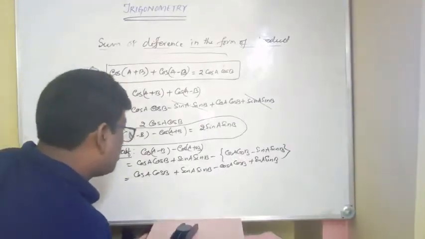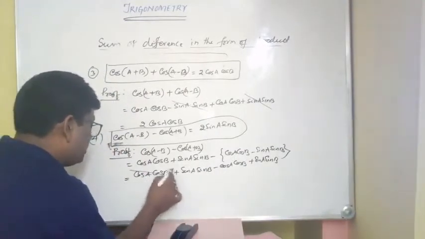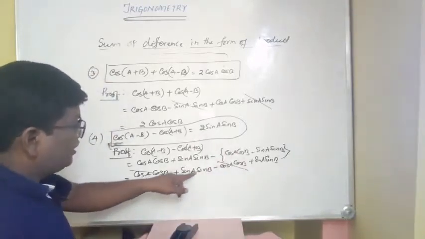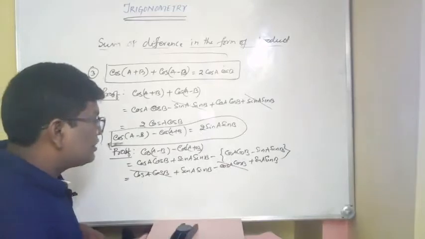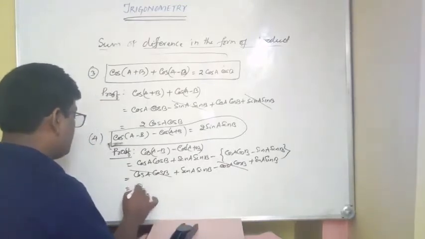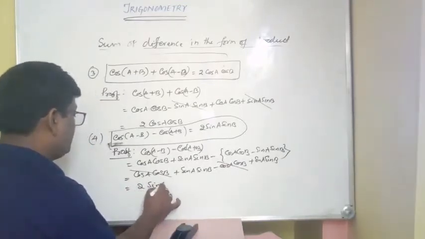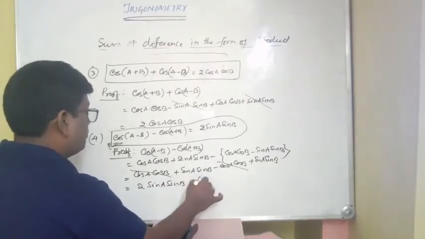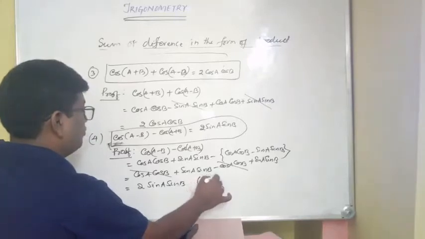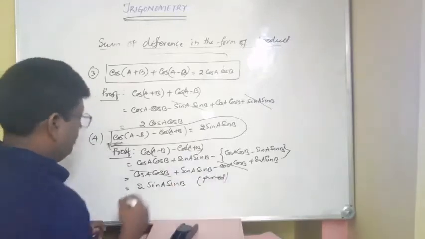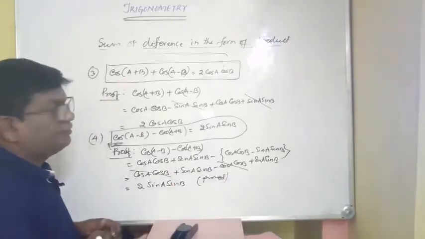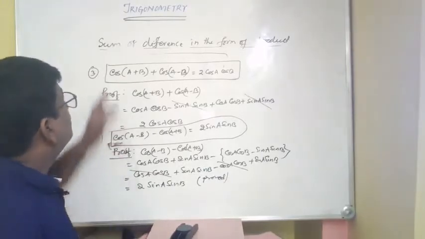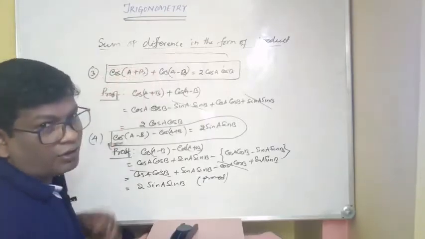And cos A into cos B is plus here and minus here, so it cancels. Sin A sin B plus sin A sin B is equal to 2 sin A into sin B. Hence proved. Okay. These are the other formulas of the compound angles. Now this is sum or difference in the form of product.